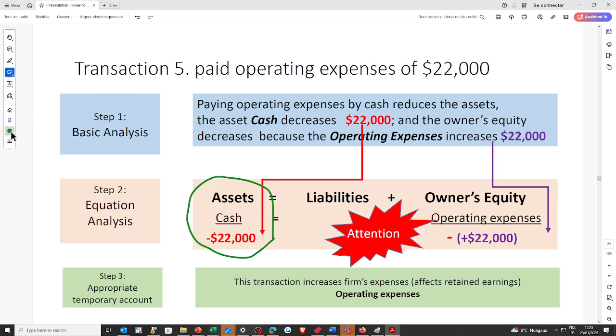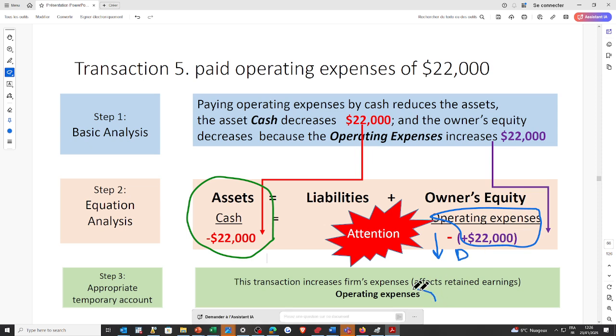However, because you increase your operating expense, you can see that this increases by the amount of 22,000. It means that the owner's equity decreases, for the same amount of the operating expense.